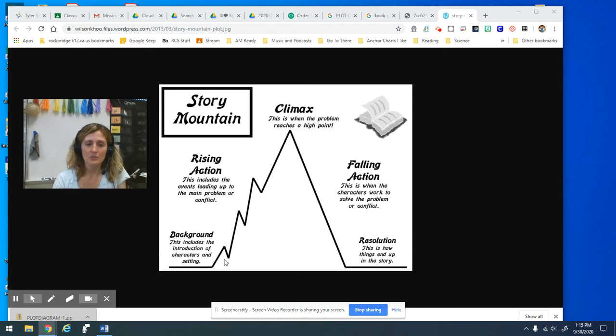And this conflict grows worse and worse and worse until it's at its peak. And so in this chart, it's called the rising action. But you might just think of it as the stress and how the stress builds or the problem gets worse and worse. And so the climax of the story is when the problem is its very worst.